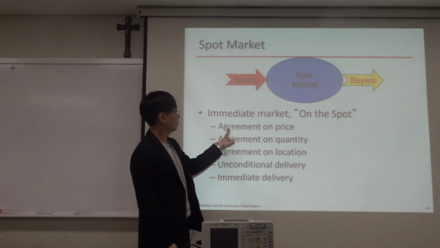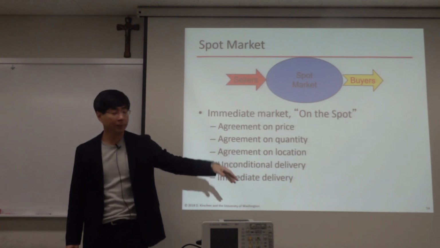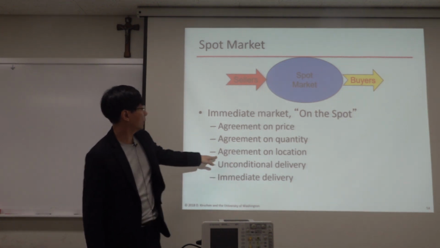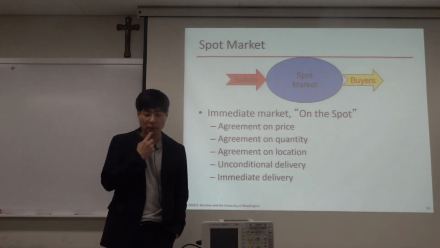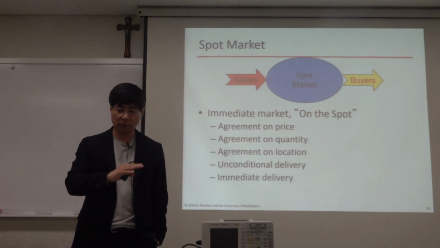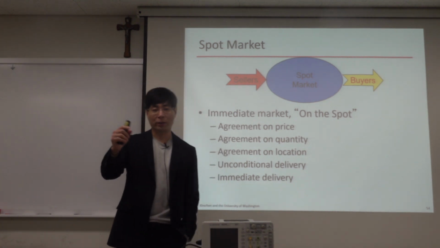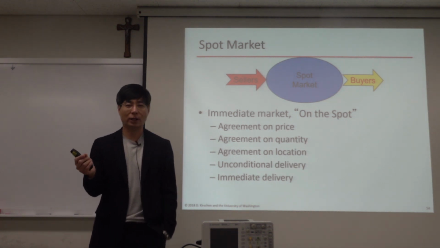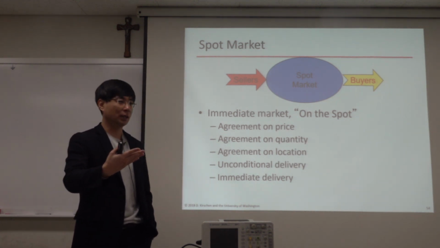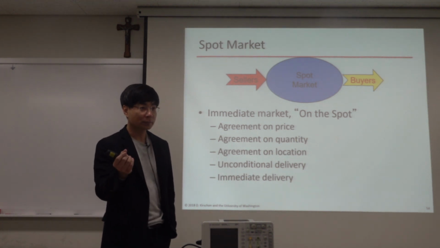So you need to agree on the price and you need to agree on the quantity and the agreement on the location. And this is unconditional delivery. So when the transaction happens, that's it. Of course, when you go to a department store and you buy brand new shoes, something like New Balance, and later you find that I don't like this design, so you may want to refund.